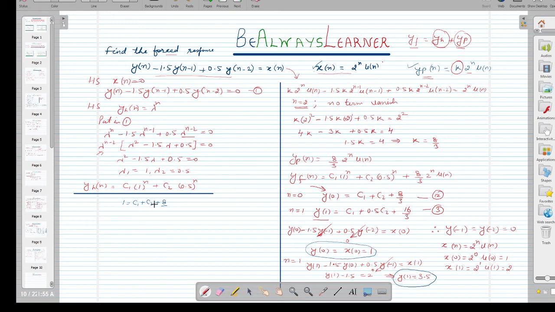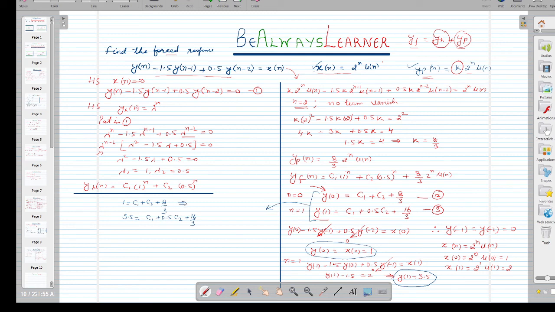so we can write y1, the y1 is 3.5 is equal to c1 plus 0.5 c2 plus 16 by 3. So from these two equations we can derive these two equations.